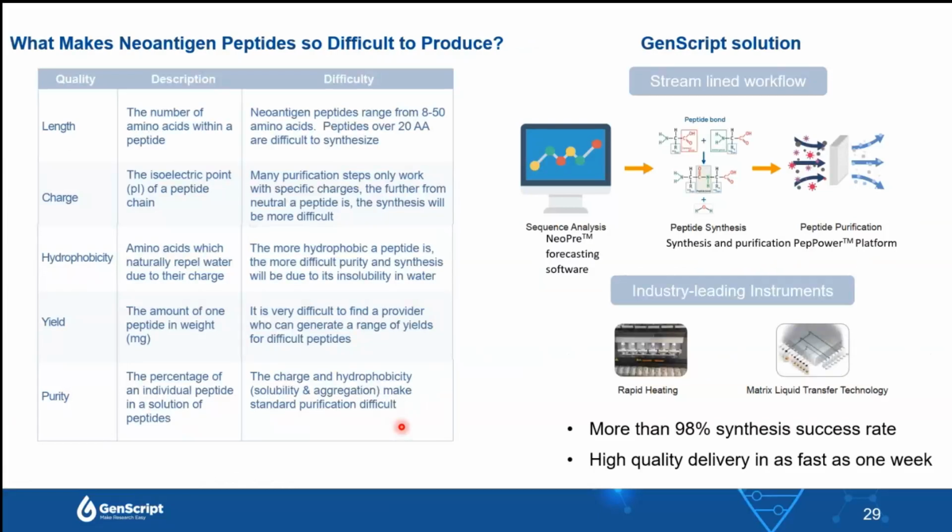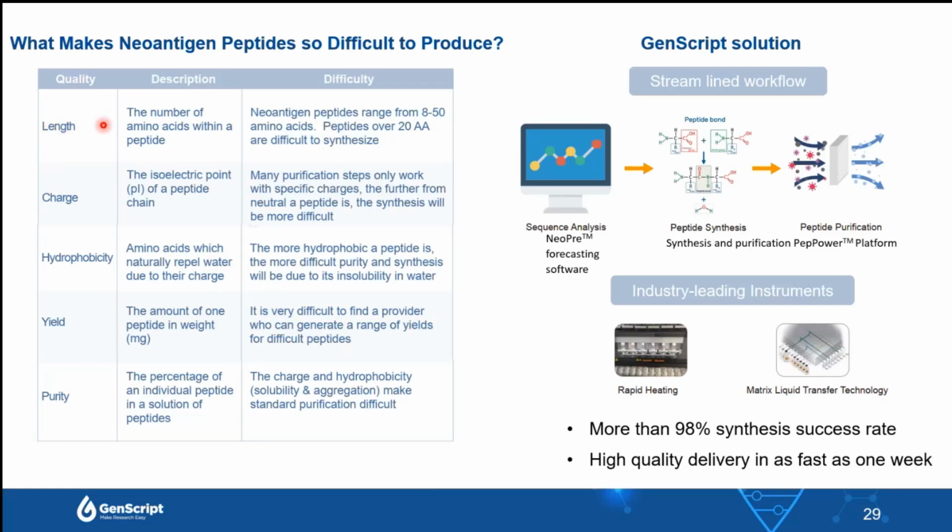Now we know the importance of neoantigens for personalized cancer vaccine development, but actually the peptide itself is not easy to produce. These are the considerations that make it difficult to produce.